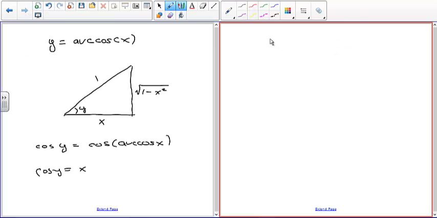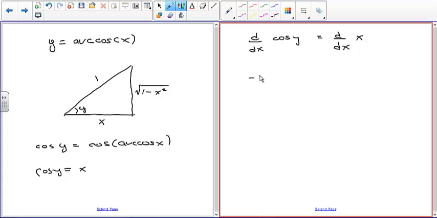So now we're going to take the derivative with respect to x of both sides. Because this function, cosine of y, is in terms of y, but we're taking the derivative with respect to x, we do what we normally do.